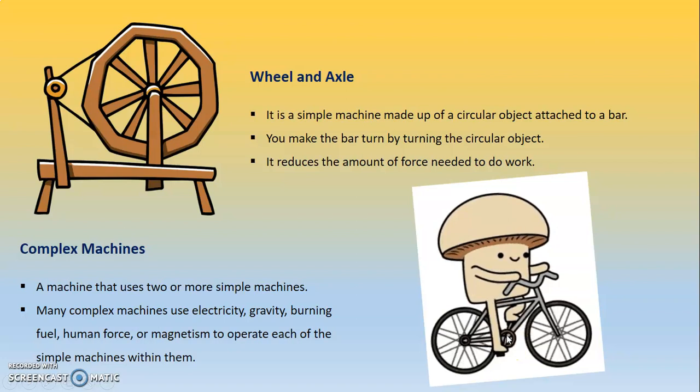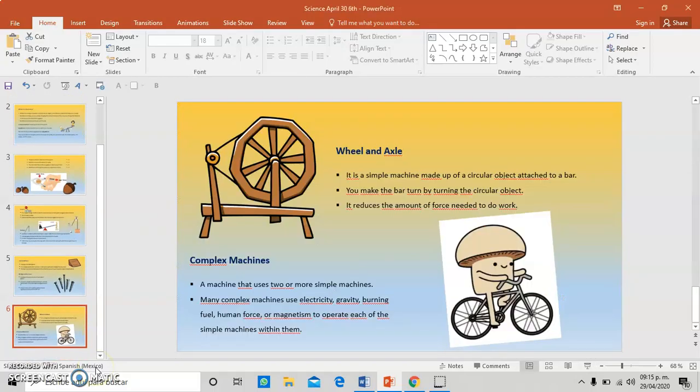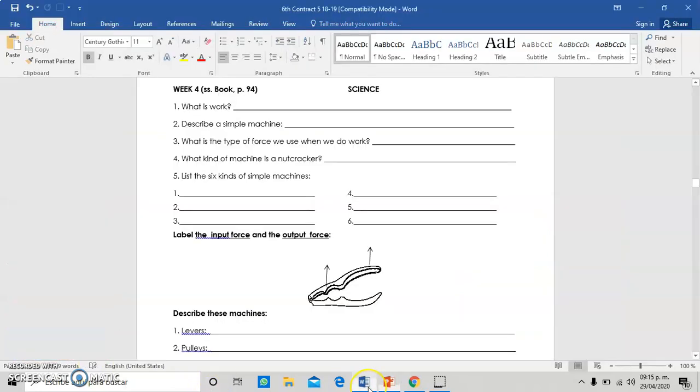Look. Very good. Now, please go to your contract. Okay, let's answer really fast this exercise. The first one, what is work? Well, work is energy, okay? Okay, describe a simple machine.